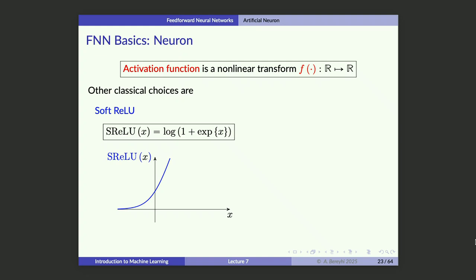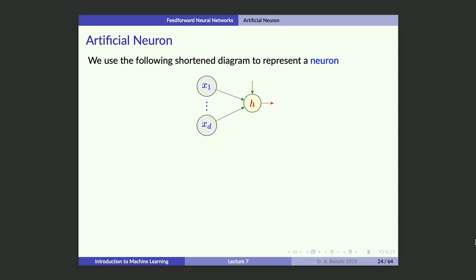And then log of 1 is 0. So essentially, it's going to start from 0, and then it's going to get to touch the y equals x line on the other side, but it does it smoothly. It doesn't do it with an edge. So this is another version of the ReLU function. But any of these functions you can put in as the activation function, and if you use any of them, at least the example we solved today is going to work perfectly. There's no problem with that.